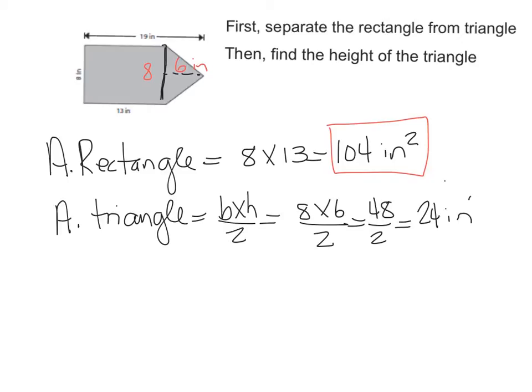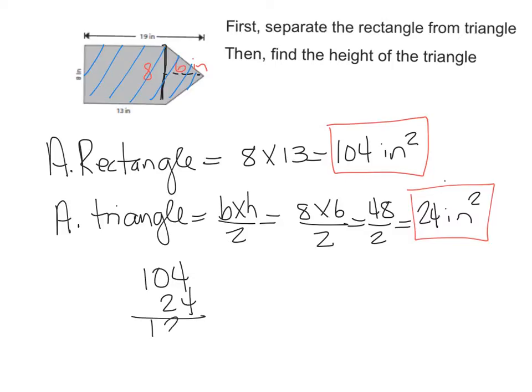inches square. Now, since they want the whole area, this whole area, that means I need to add them. And to add them, I need to say 104 plus 24, it's 128 inches square.